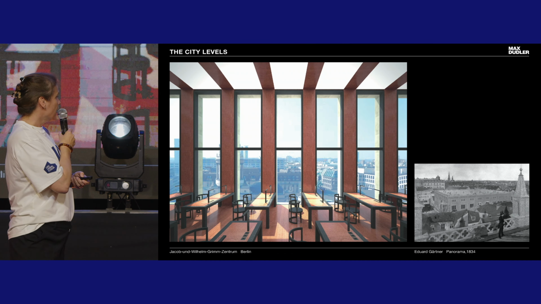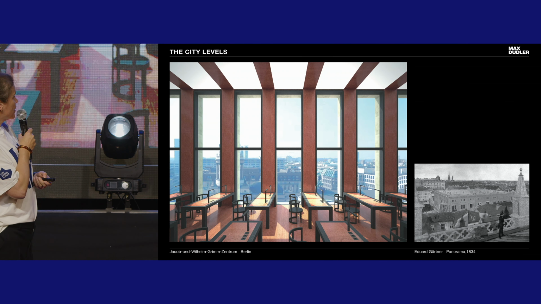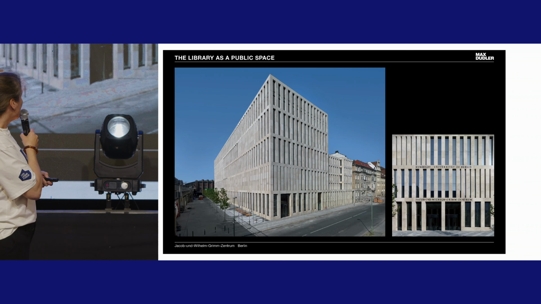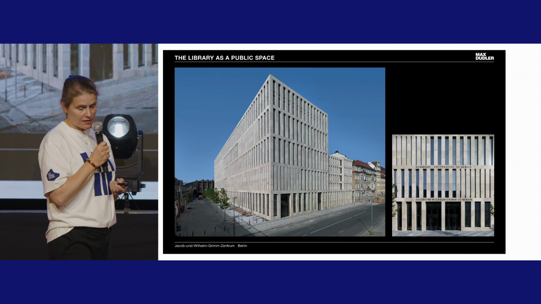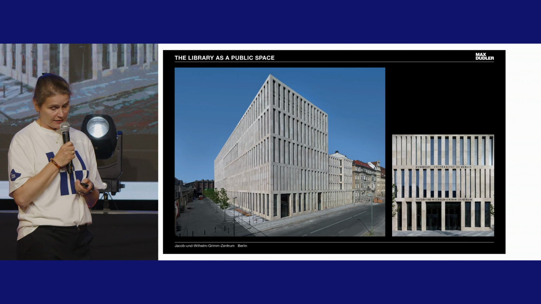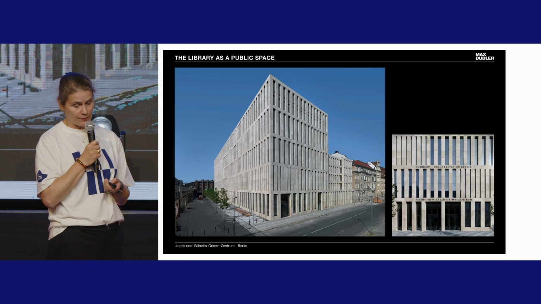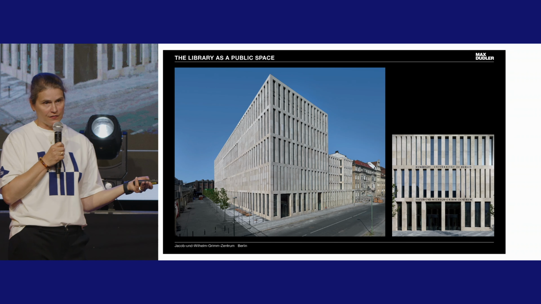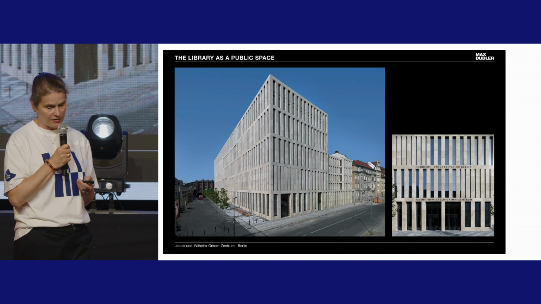So we used the analogy of the panoramic views on the city in one of the reading rooms. The facade is made out of natural stone, and we used the grid from the bookshelves from the inside. Again, here we did the interior as well, so we developed the whole building concept, beginning from the facade and then going into the interior.